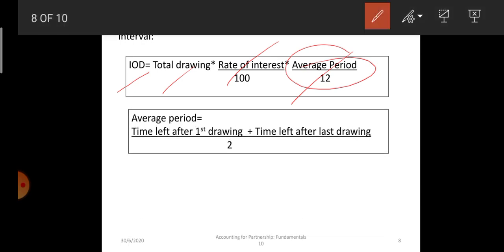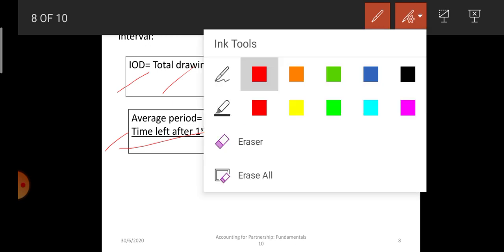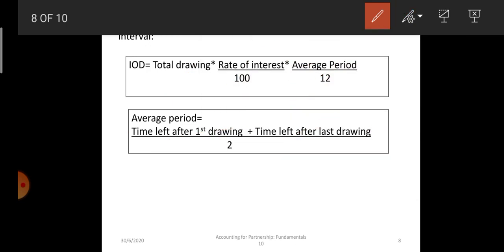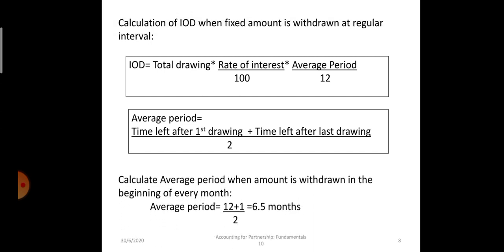Now see, the average period formula is time left after first drawing plus time left after last drawing divided by 2. That will give you average period. See, we are taking one example.